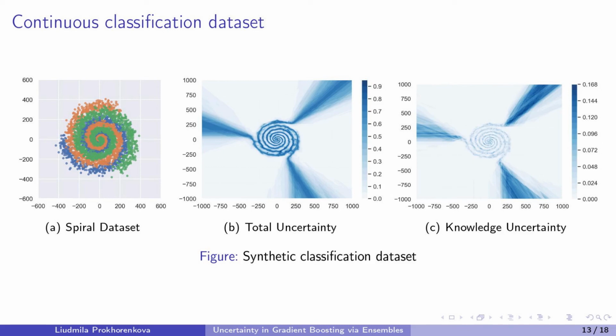We can see that it allows us to discriminate between out-of-domain regions and class boundaries. However, we can still see the traces of the class boundaries in figure C. A possible reason is that for real-valued features, the splitting values may vary near the class borders, resulting in non-zero estimates of knowledge uncertainty due to decision boundary jitter.